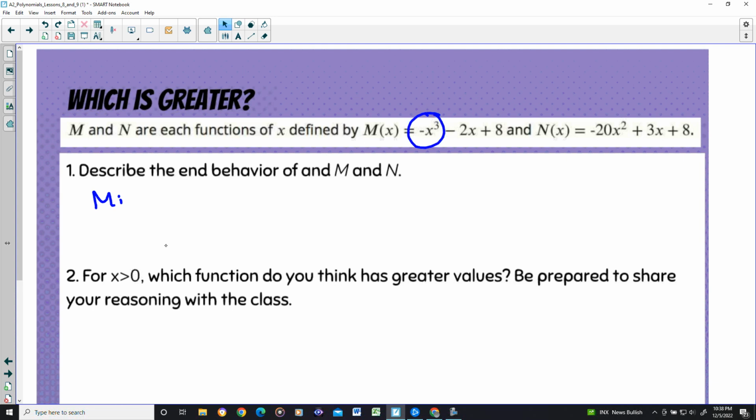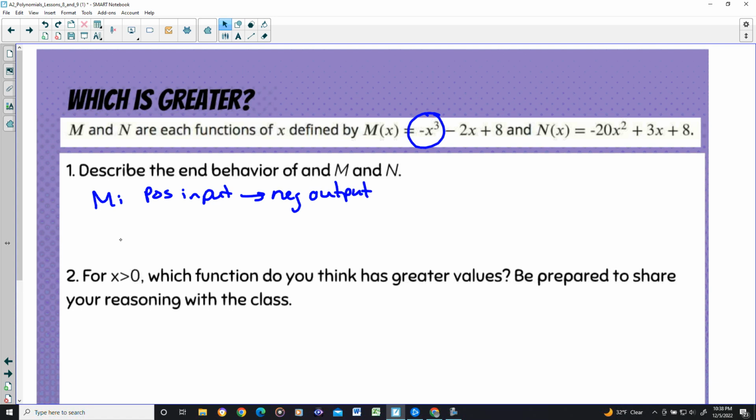So what's going to happen with a positive input? Say you put like 1,000,000 in for that. It's going to turn negative, and those other terms don't matter anymore. Negative output.